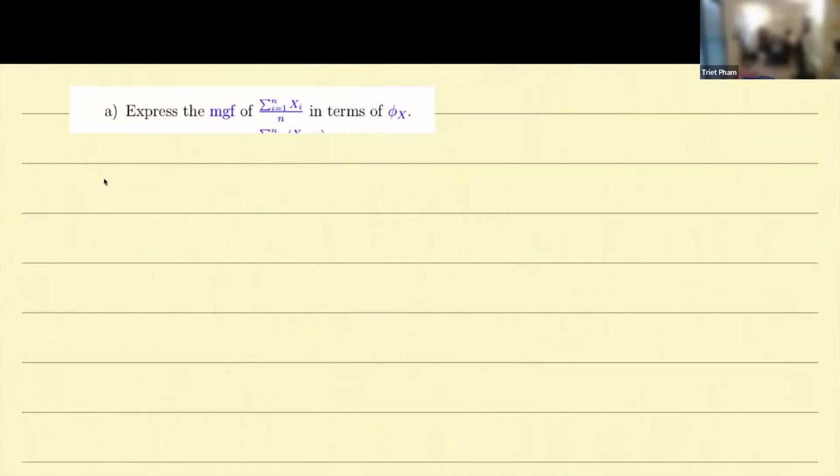Remember, the Xi are IID, independent, identically distributed. Therefore, they all have the same MGF, because they're identical.